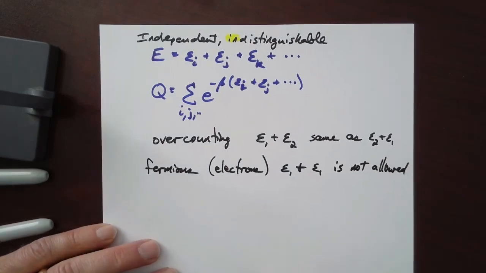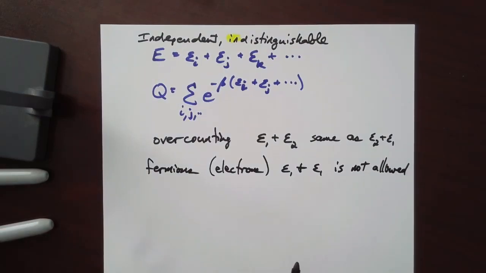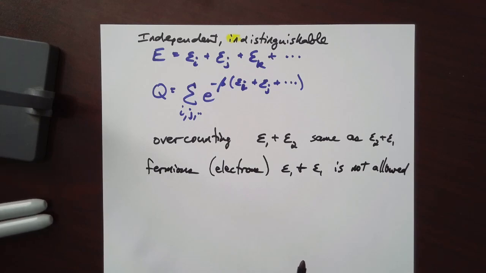That is, two fermions can't have the same energies at the same time, right? They can't have the same state. So two electrons have to be in different quantum states.